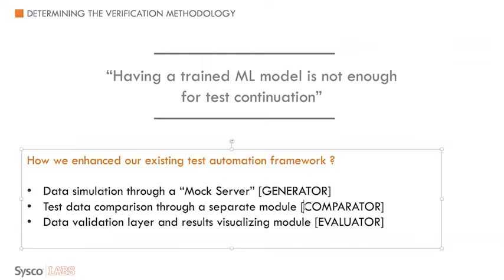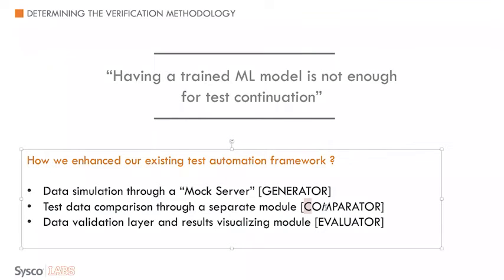And then comes the comparator. Now we have a data simulation part. The algorithm uses all this data, and we get an output. We get the predicted output, and we needed a comparator to compare that predicted output against the actual results we have, right? Based on a comparison methodology, we evaluate this model.